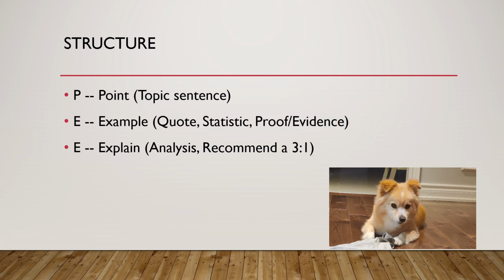What that means is that for every line of an example that you provide, you should try and provide 3 lines of explanation. If you are providing a 1-to-1 ratio, that just means that you don't have much to say. So it's very important that you are demonstrating that you have something to analyze and that you're actually doing something with the example to connect it back to your point.